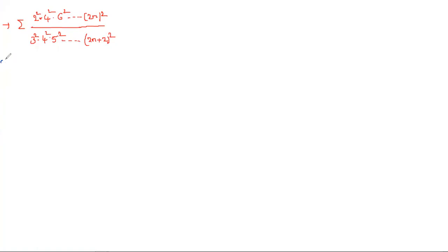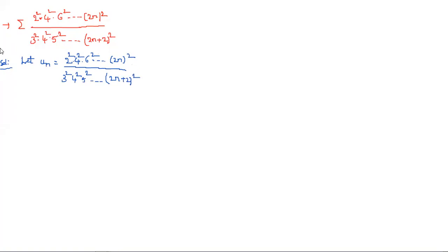So as usual, first you need to take the given series, and you can give a name for that as un. Let un is equal to 2 square, 4 square and 6 square and so on 2n whole square by 3 square, 4 square, 5 square and so on 2n plus 2 whole square.